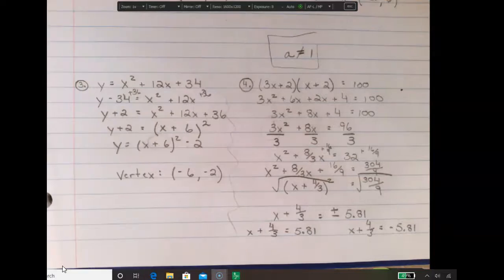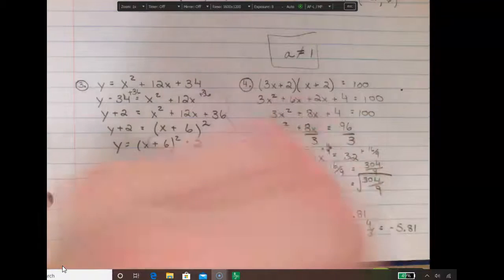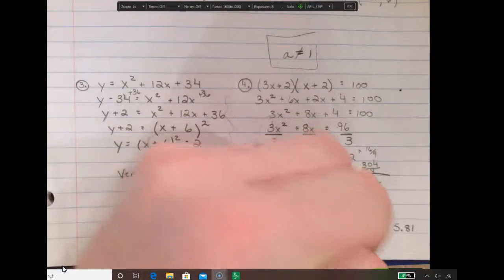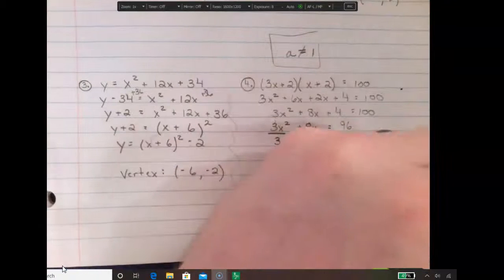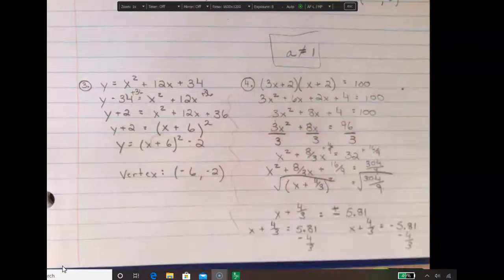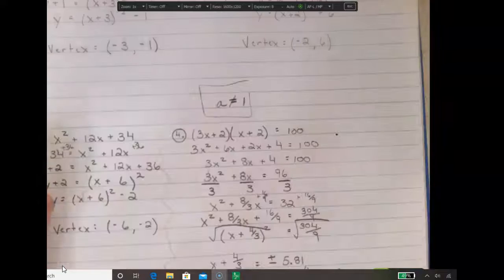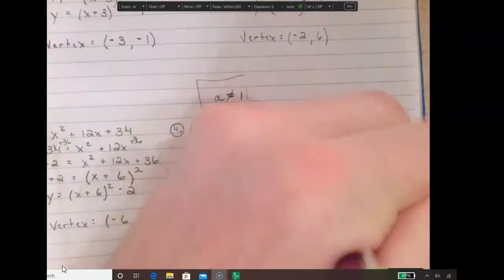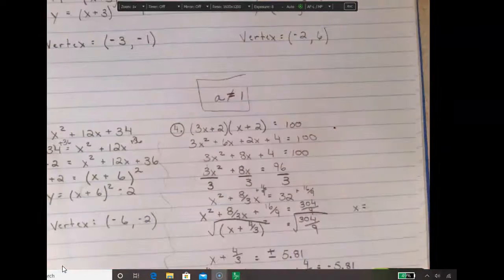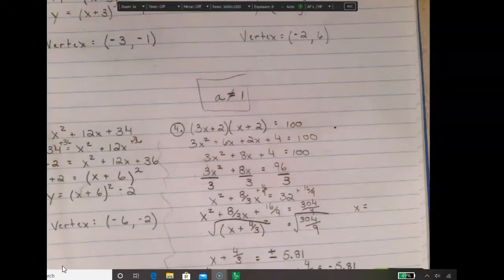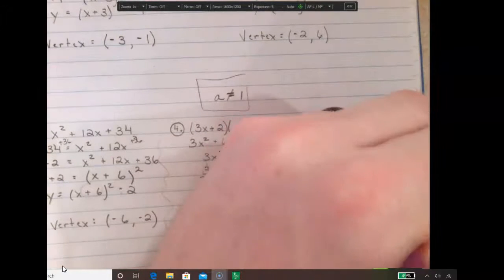And then your last step, on both sides, you're going to have to subtract 4 thirds. And that will tell you your two solutions to this problem. So your two solutions are going to be x is equal to, when you subtract on the one side, 4.48.